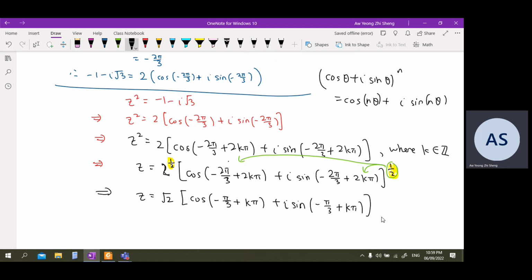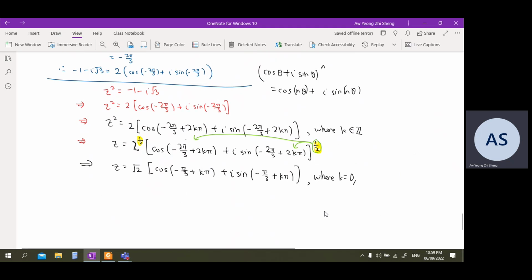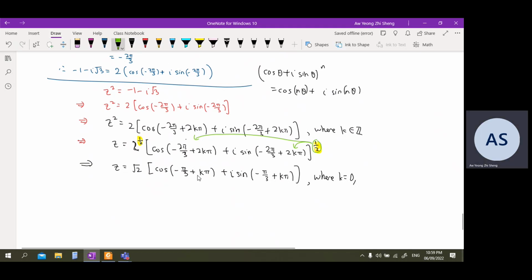And now it's time to decide which two values to choose for k. Obviously, 0 is one of the integers that we must choose because it's the nearest to 0. Then between 1 and -1, which one to choose? If you sub in 1 here, you will get minus pi over 3 plus pi, which gives you 2 pi over 3, that is in the principal range.